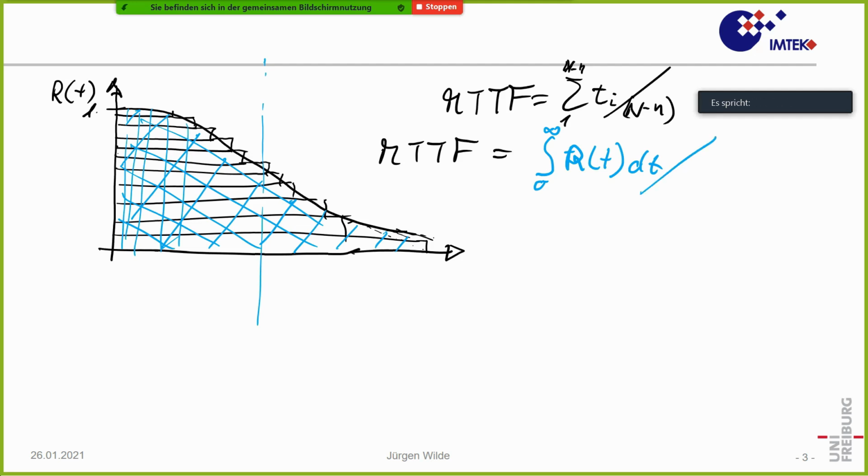And in that way we can say the mean time to failure is generally the integral of the reliability function from 0 to infinity over time. And if we know that function, for instance as a Weibull or an exponential function, we can form this integral in an analytical way and we can calculate the numbers.